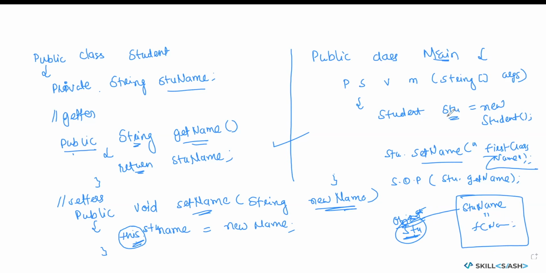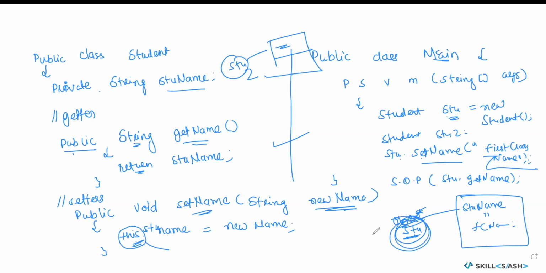If you create a different object, let's say another object, Student stu2 = new Student, and you do stu2.setName with something, let's say first name 2, then a different object would have been created in memory for stu2, and there it will be set. So this refers to the object that you have created.